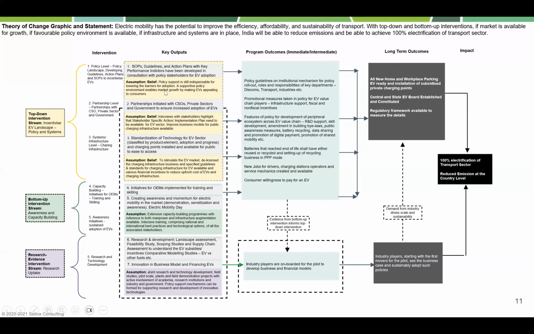And in each and every category I come up with an assumption. In a sense, if you take a look at the whole policy space, I clearly mentioned that policy support is still indispensable for lowering the barrier for adoption.